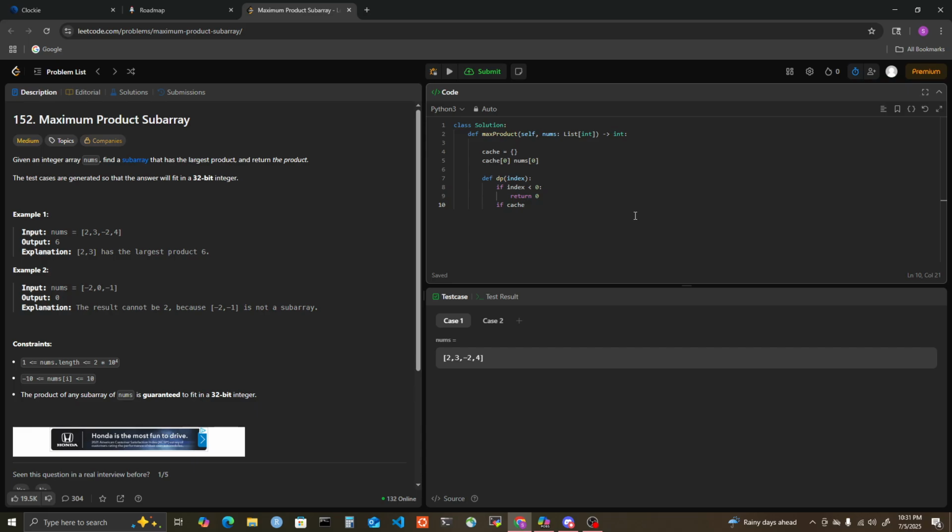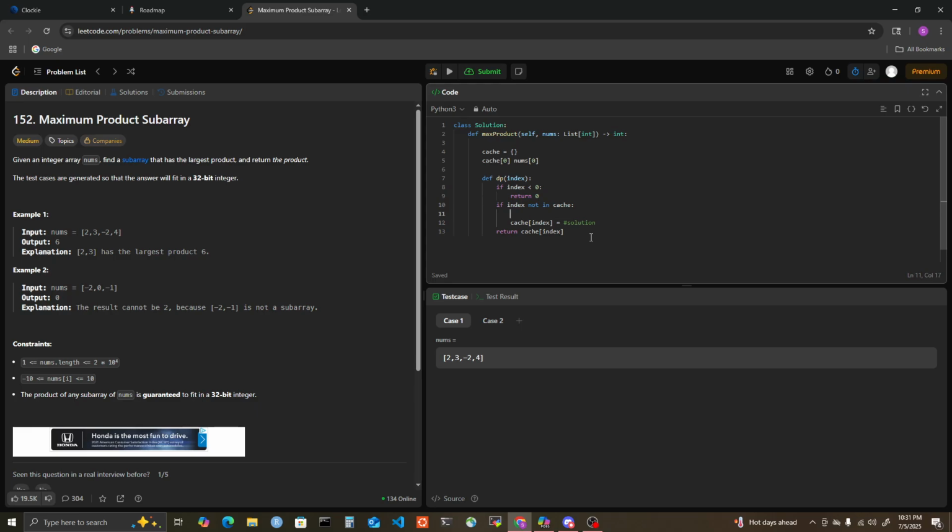If index not in cache, then we're going to basically do our solution, and then we're going to return cache of index. So I'm going to say cache of index is going to equal solution.